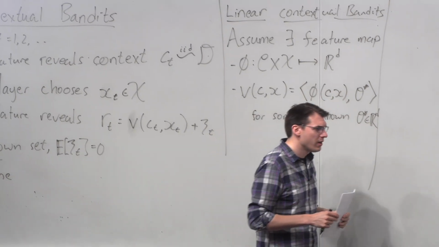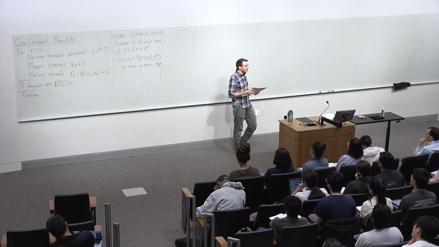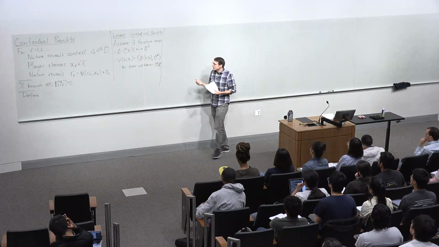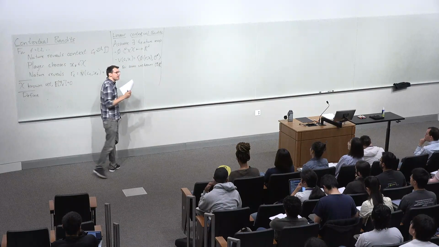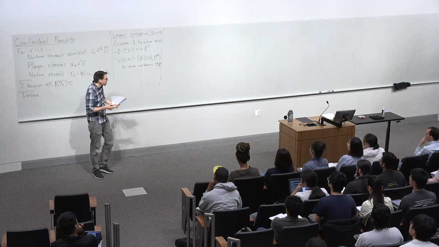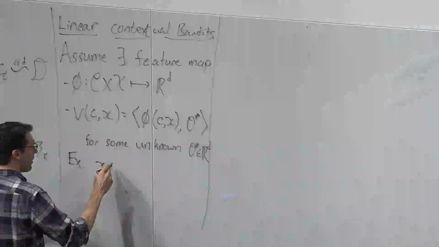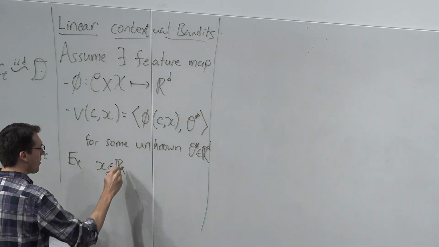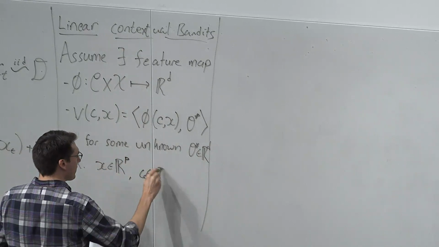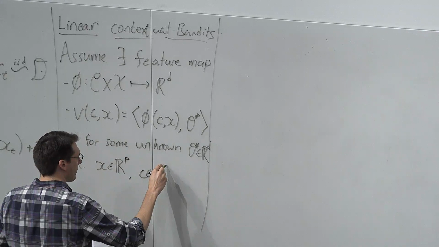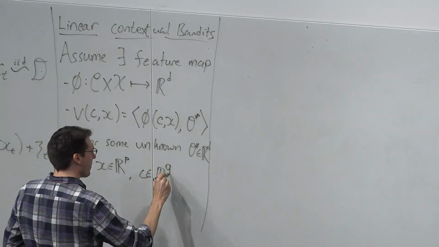The most common way of representing this is kind of strange at first, but one of the simplest feature maps is just to do polynomials. So let's say c and x are both vectors. For example, x is vectors in, say, R^p, and c are vectors in, say, R^q.